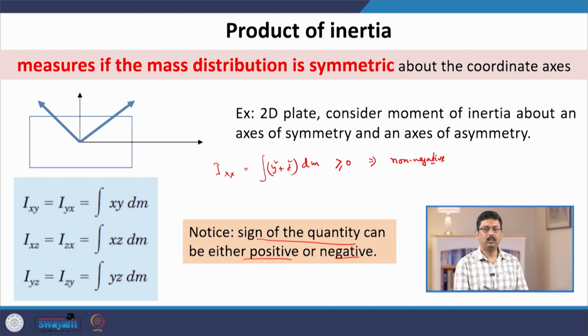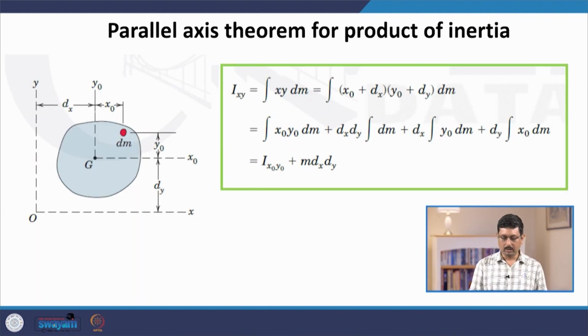Whereas this combination has mixed coordinates: in the earlier case each term has only one coordinate, but here each term has a combination of x and y. So, this is a product of inertia.